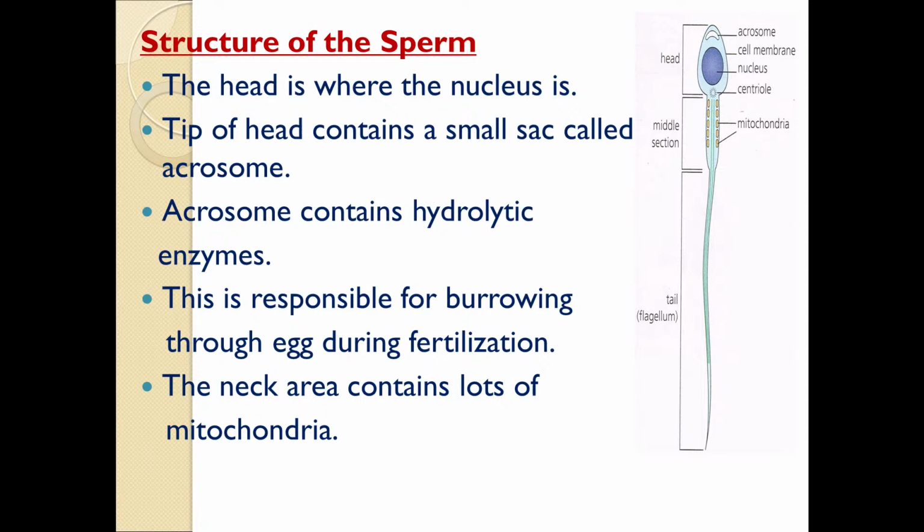Now looking at the structure of sperm in terms of the different parts, it basically has three main parts. It has the middle section, the tail, and the head. The head is where the nucleus is, and in the diagram you will see the blue section here.